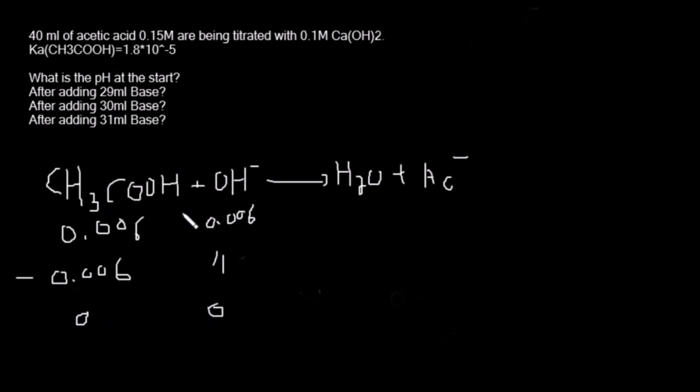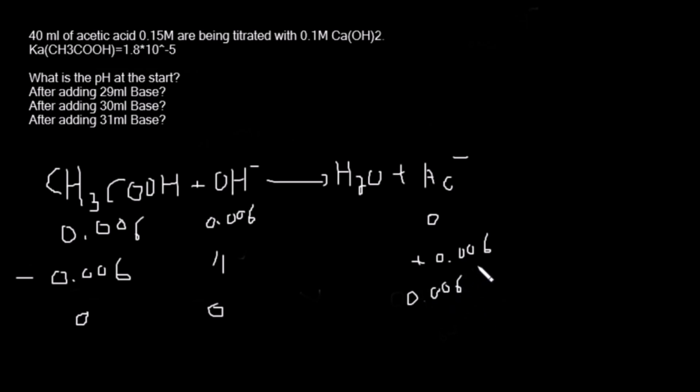So many students actually make this mistake, that they write that the pH is 7, but as we said before, they react to give us the water and the acetate, which is basic. So here you had 0, but you added 0.006. And here you have 0.006 moles.